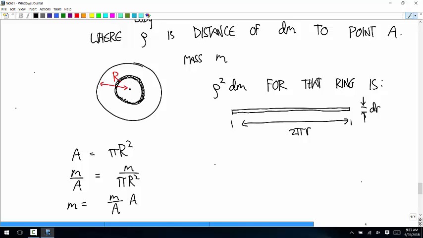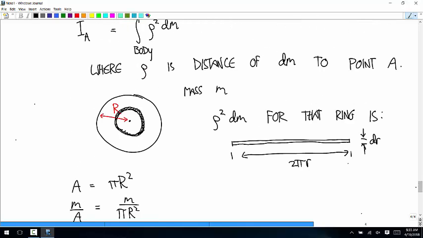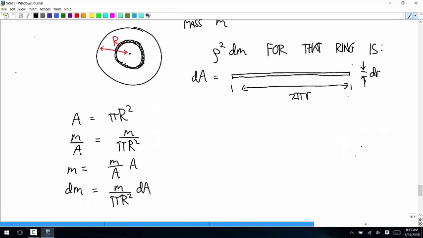So our dm is the mass over pi R squared times dA. This is our dA. And so we end up with this integral.